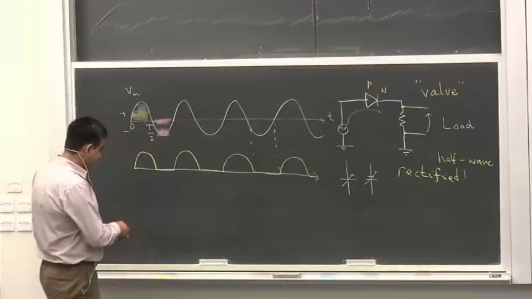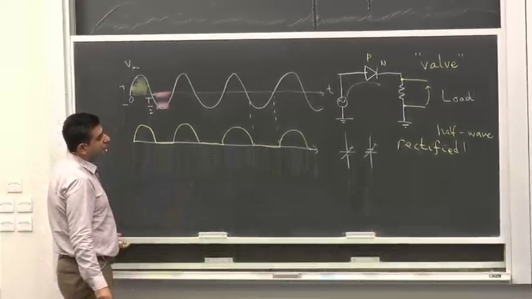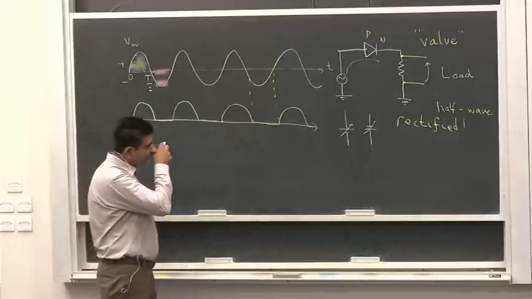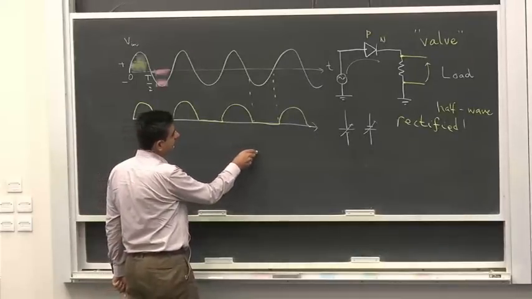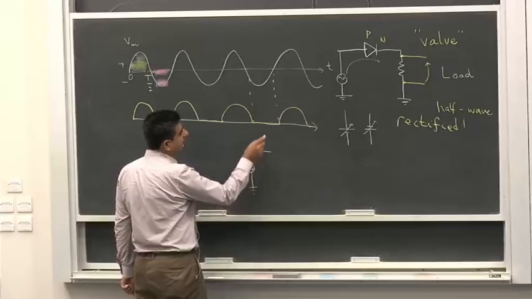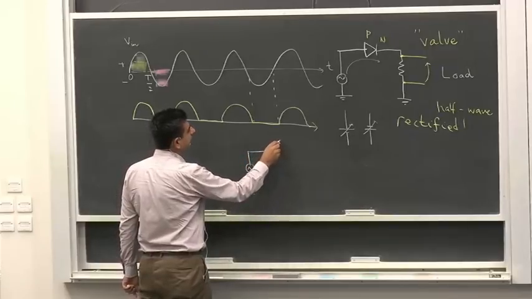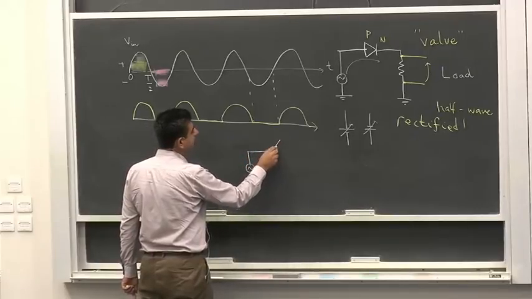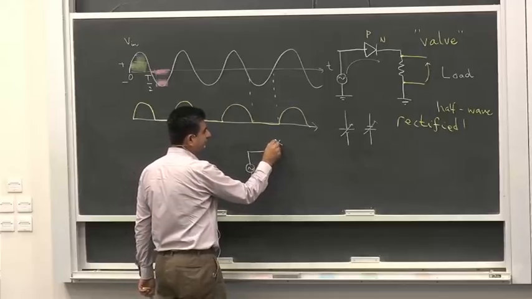If we had a circuit, the other kind of circuit that I showed was a slightly more complicated circuit in which I had the same voltage source, and instead of a single diode, now I have four diodes, two pairs of diodes.